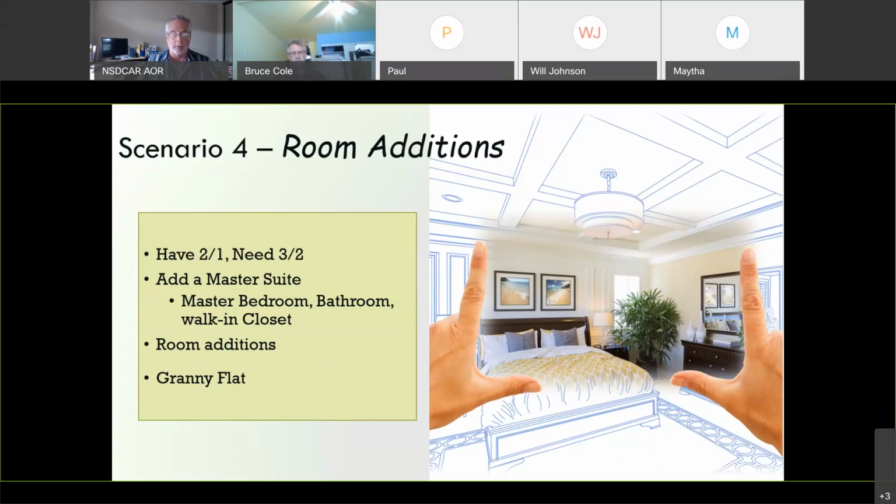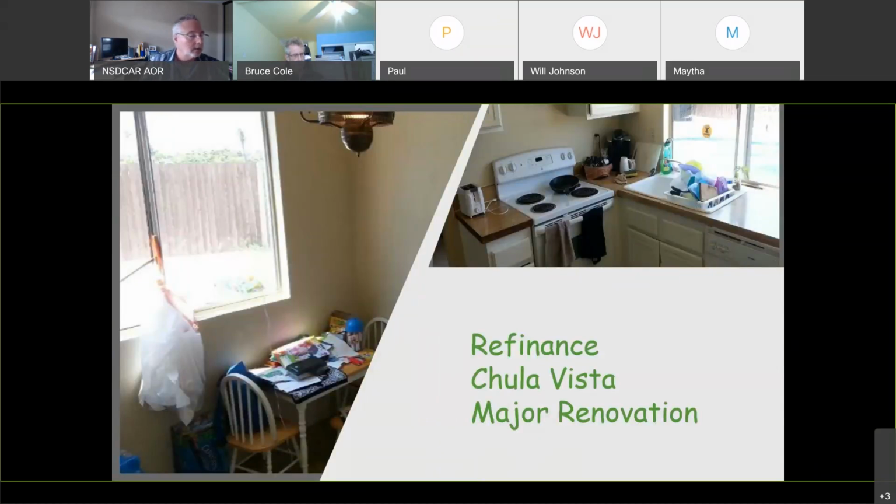You might want to think about deferring, purchasing the property and then coming back and applying for a renovation loan. We've done that. We've had to do that because of the time constraints. It's really important that we get full cooperation from the listing agent as we take on these types of processes out there.